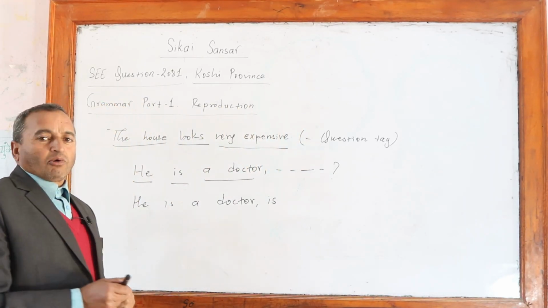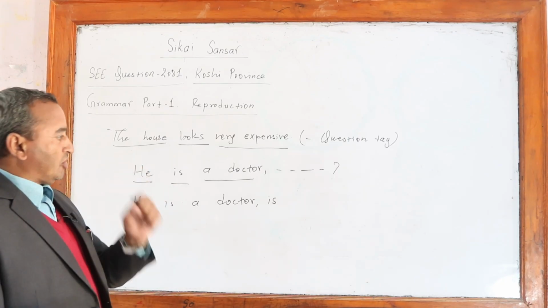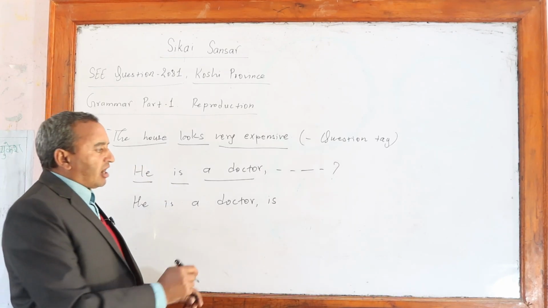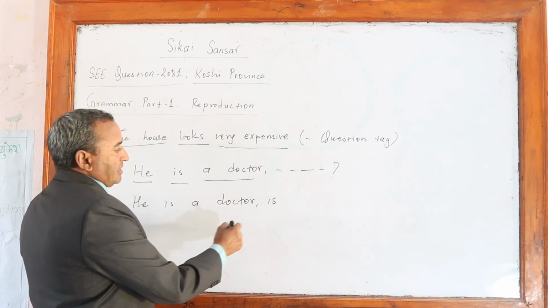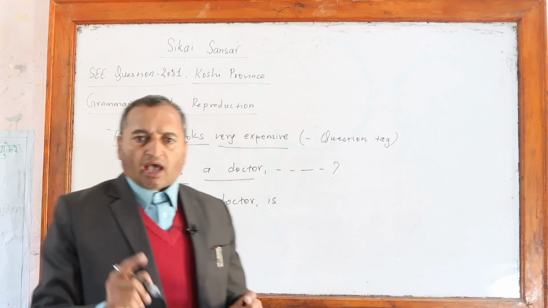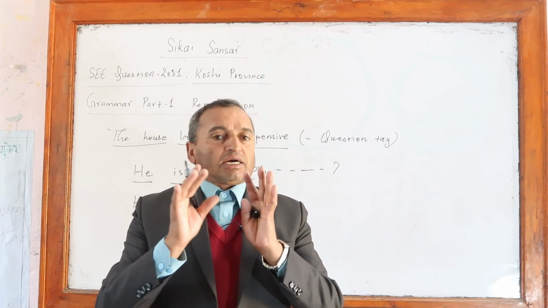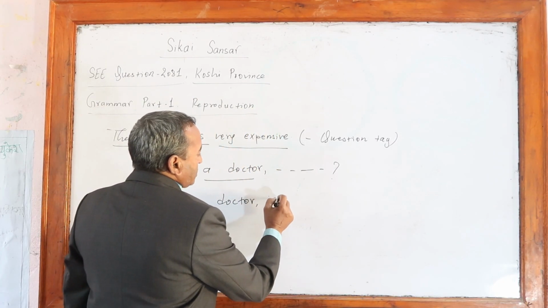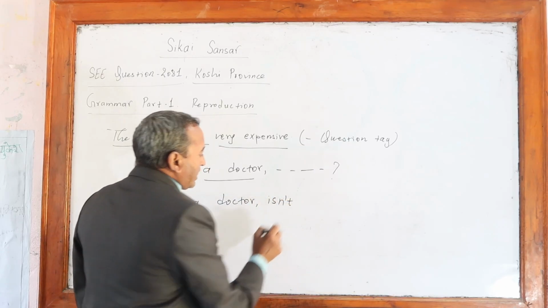So now, while supplying a question tag for this, we have to write like this. He is a doctor. Is is the auxiliary verb and not is needed. In a question tag, not is written in contracted form. So we have to contract here. While contracting, not becomes isn't.